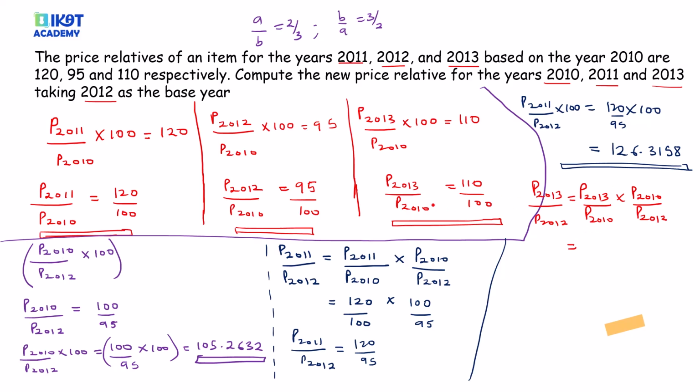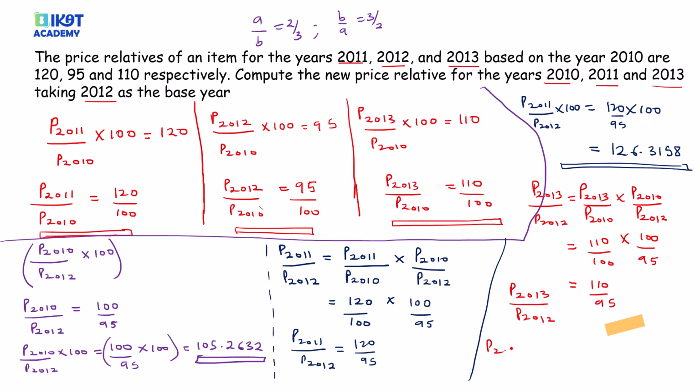We had 2013 out of 2010 is 110 out of 100 times 2010 out of 2012 is not there, but we can get the reciprocal of this to get this. So this is 100 out of 95. This would cancel with that, so we would get 110 out of 95 to be 2013 out of 2012.